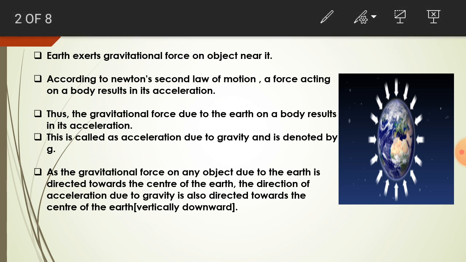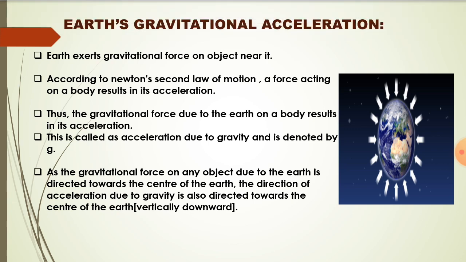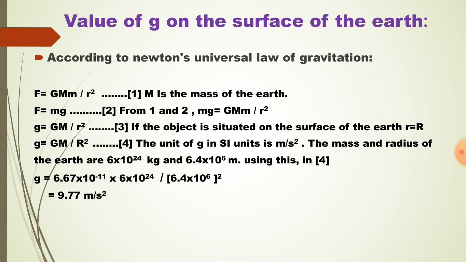Next, what we are going to learn is the value of g on the surface of the earth. We can calculate the value of g by using Newton's universal law of gravitation, for an object of mass m situated at a distance r from the center of the earth.